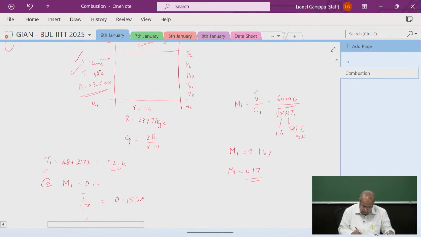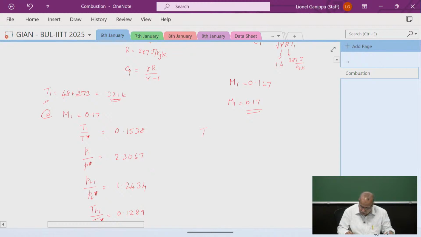This is T1, static temperature. We know the static temperature. Now there is a relationship between the stagnation temperature and the static temperature. This is the local temperature and this is the stagnation temperature.